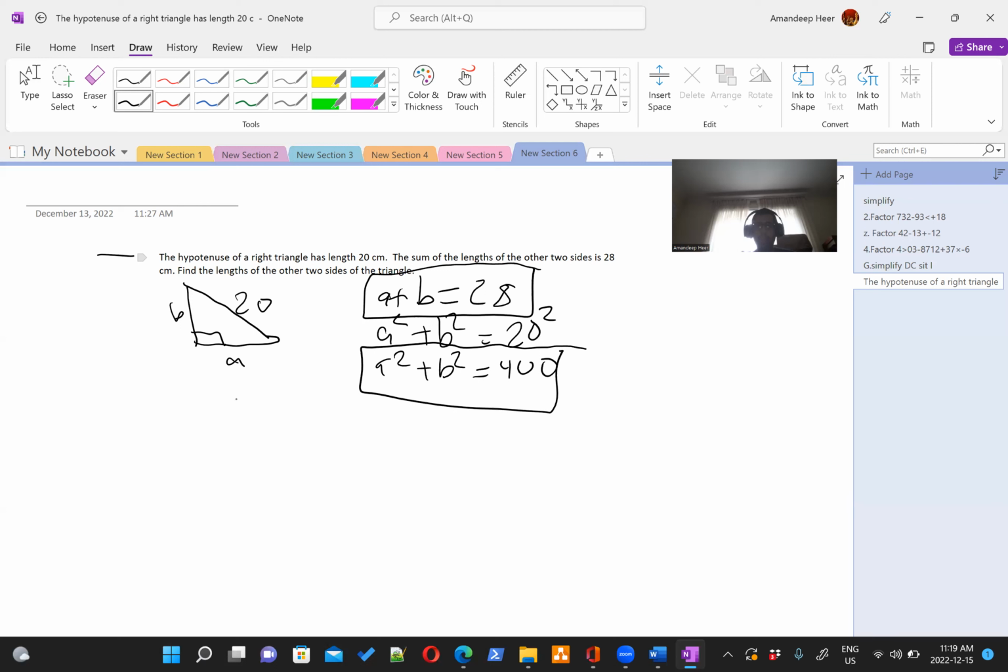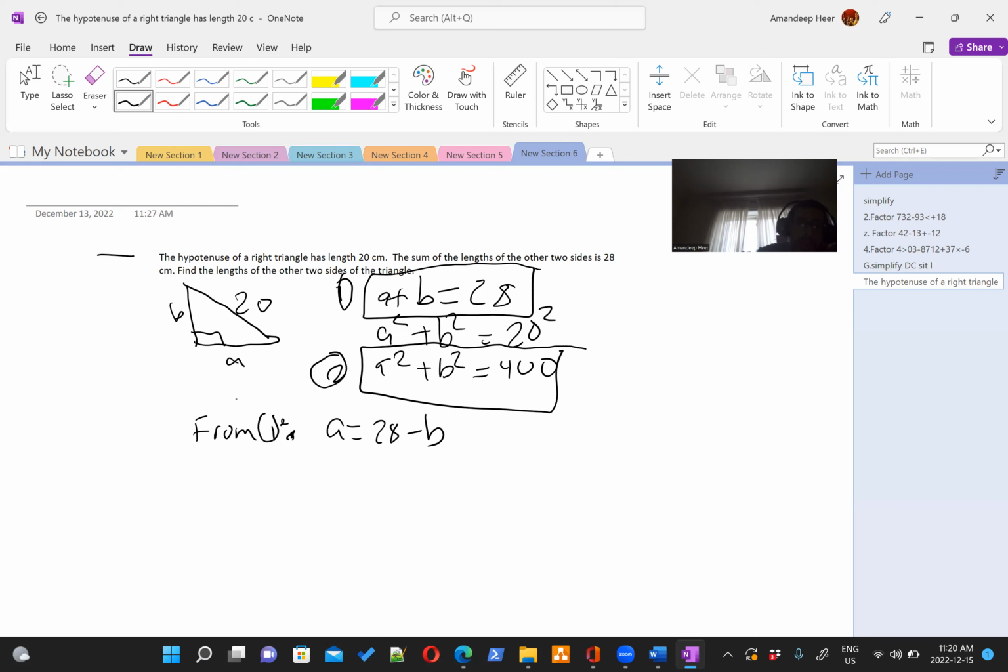So we can solve for one of the variables and get a quadratic, and then we'll be able to solve it. Let's call the first equation 1, and the second equation 2. From 1, I'm going to isolate for A. So if I solve for A, I get A is 28 minus B. I just took the first equation and moved the B to the other side.